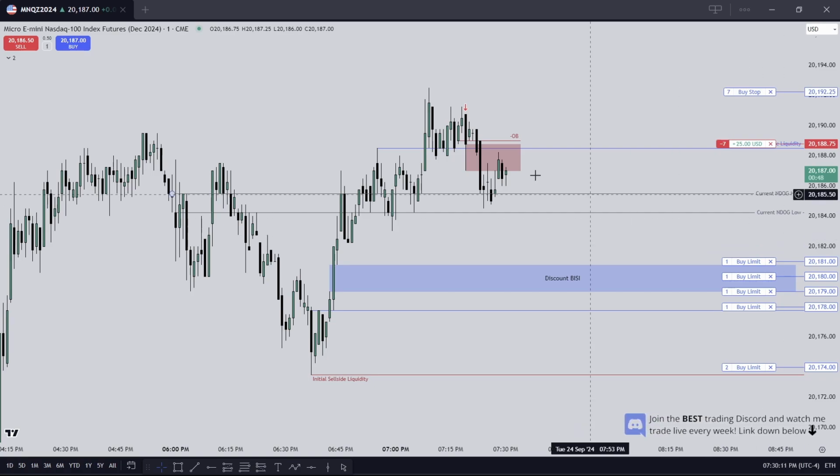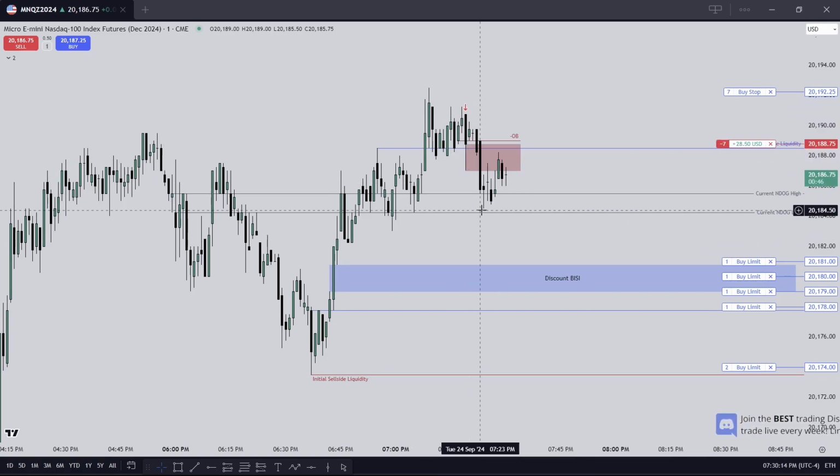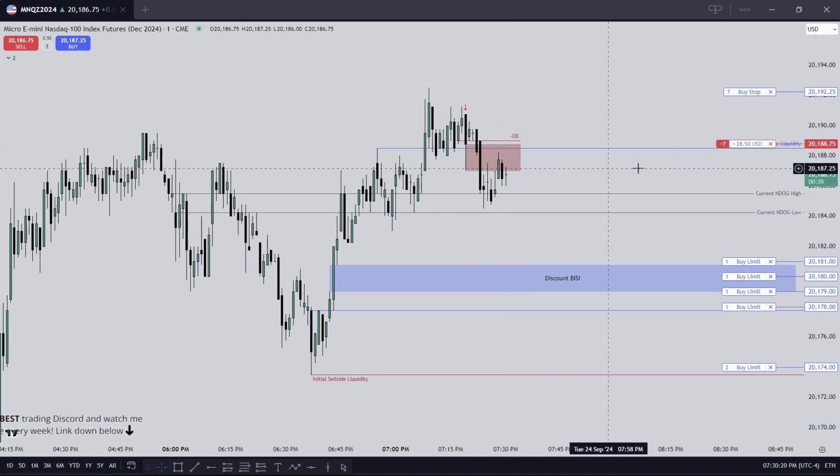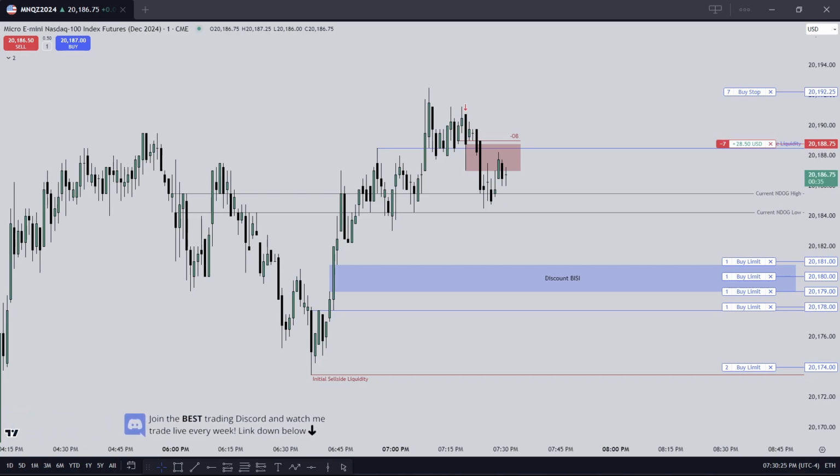So again, I'm seeing this hole from this high to this low and this retracement back inside this fair value gap. I'm seeing that as the first stage distribution in the market maker sell model.